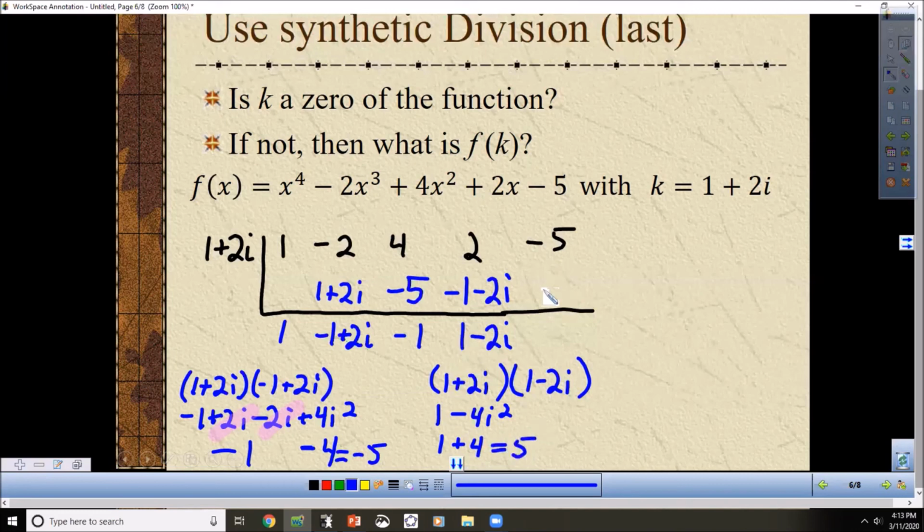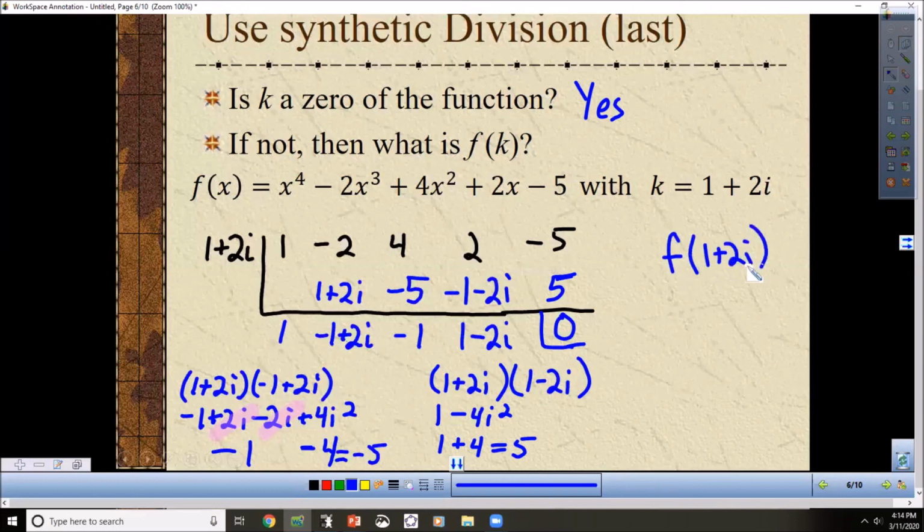So multiplying, I got 5. The remainder, -5 plus 5, equals 0. So that answers the question, is k a zero of the function? Yes. Also meaning that if I put f of 1 plus 2i, so use that complex number as the input for my function, I will get an answer of 0.